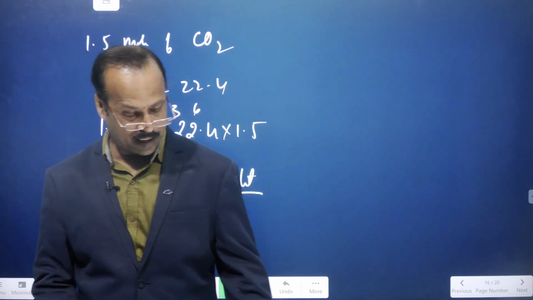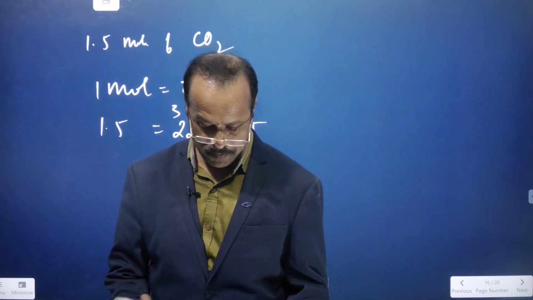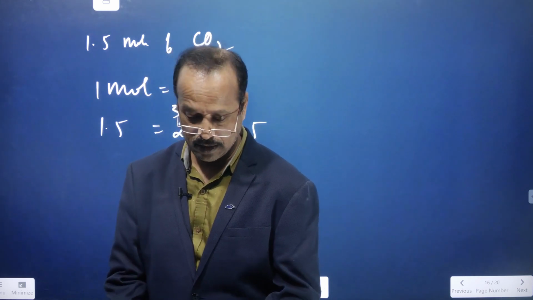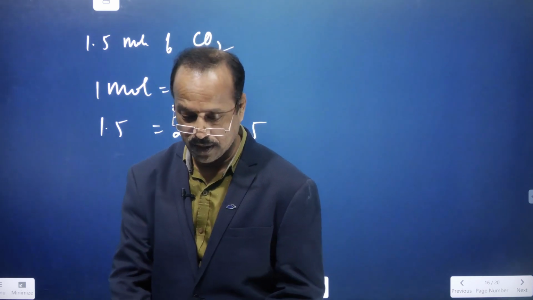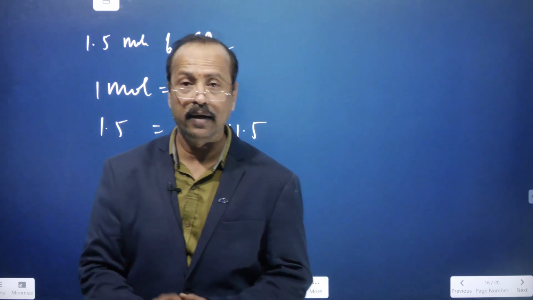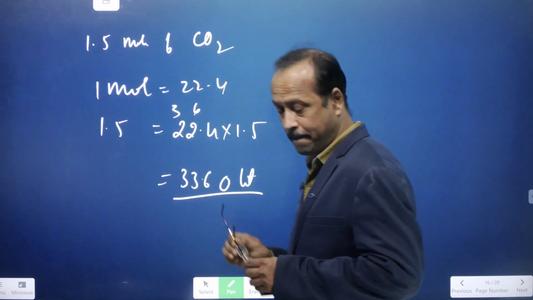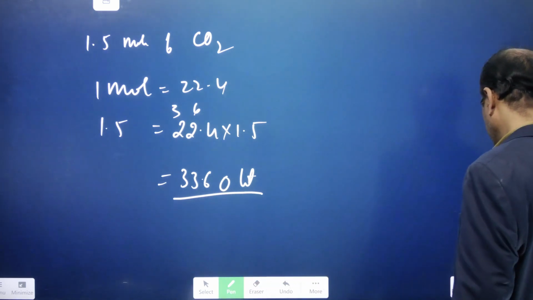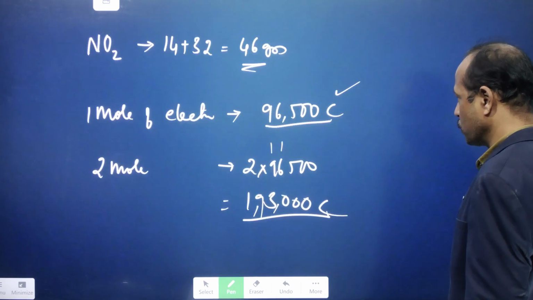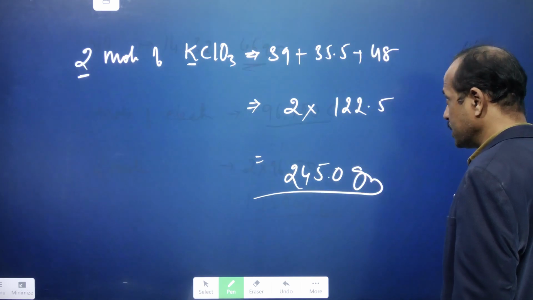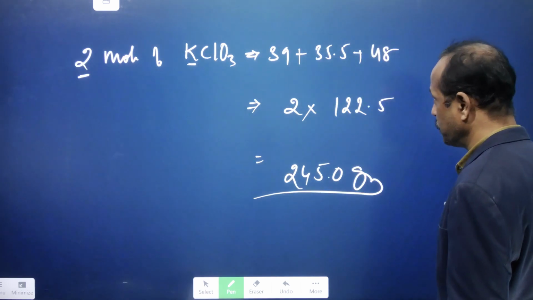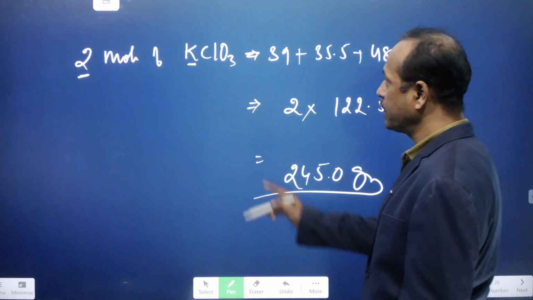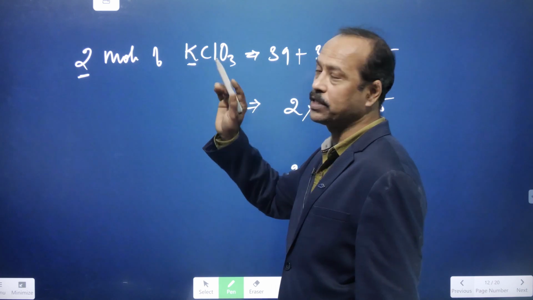So like this, students, you try to solve the problems. Okay. So remaining sums you try. With this, we completed this chapter. Whenever you are solving these sums, just pause the video and then you see, for example, 2 moles of potassium chloride is how much?